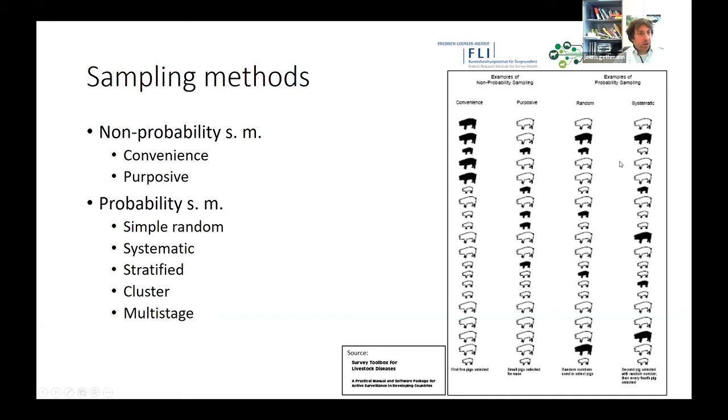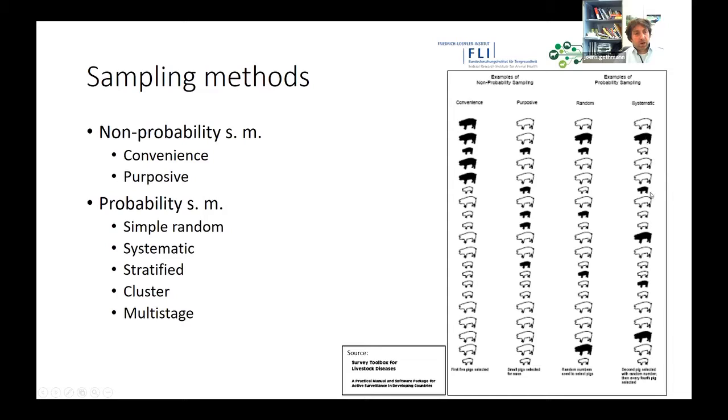And probability sampling might be random sampling. At the beginning, I have to give each individual a number, and then I randomly select the numbers, and I test all the animals I selected. Systematic sampling might be easier to perform.